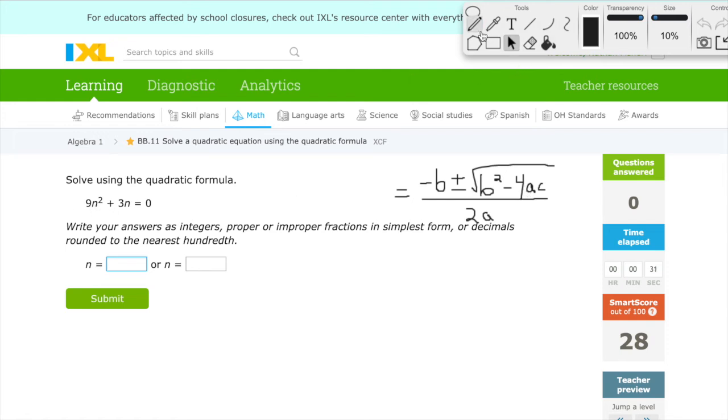If you notice, the big difference here is there is no C term shown, and there's nothing on the other side either besides that 0.